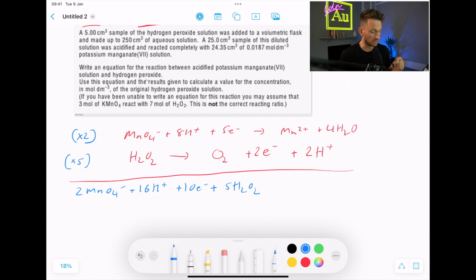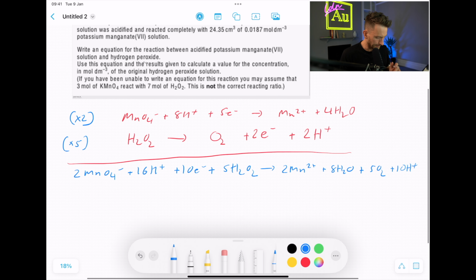What I've done there is literally added everything on the left-hand side of the two half equations, with the multiplying numbers in, goes to 2Mn²⁺ + 8H2O + 5O2 + 10H⁺ + 10e⁻. Now the next thing to do is to cancel out things that are common to the left and the right-hand side of the equation to simplify it down.